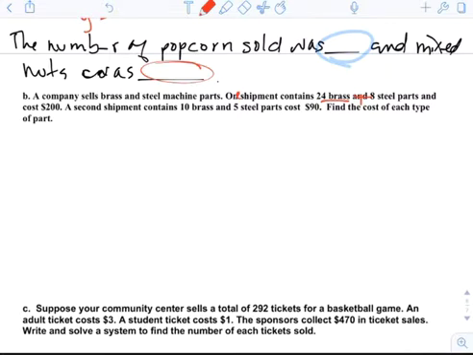So 24 brass plus 8 steel parts equals the cost of $200. X represents the brass, Y represents the steel part.